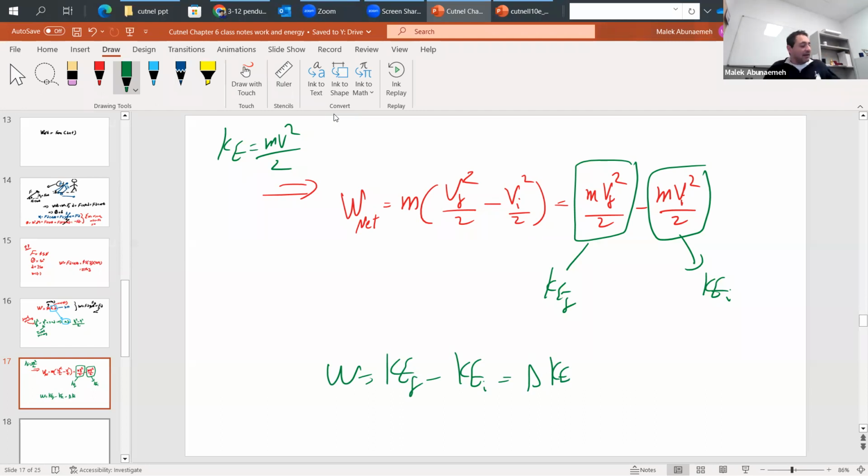So over here, we developed the kinetic energy equation along with the work.